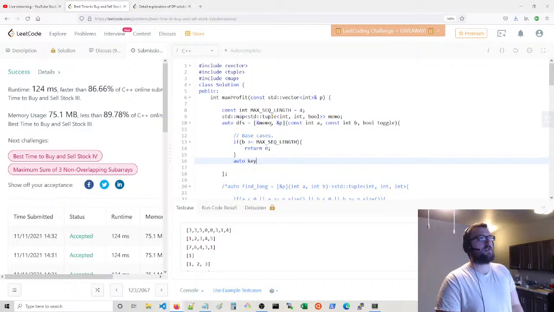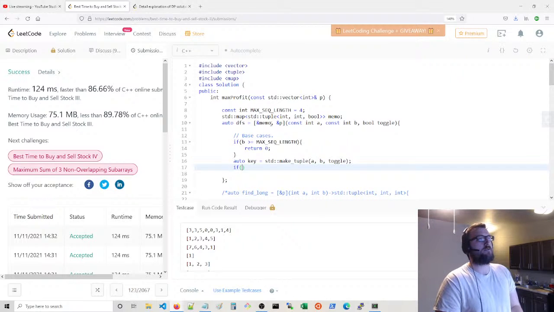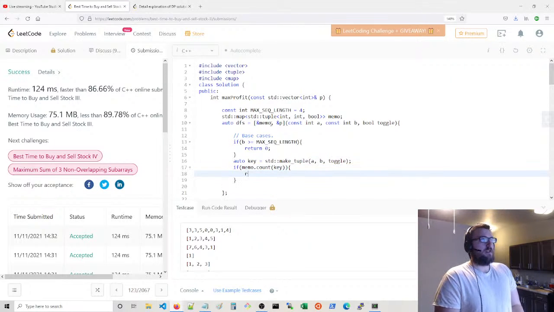We'll say auto key equals std::make_tuple of A, B, toggle. So if memo count of key, then return memo of key. Memoize.